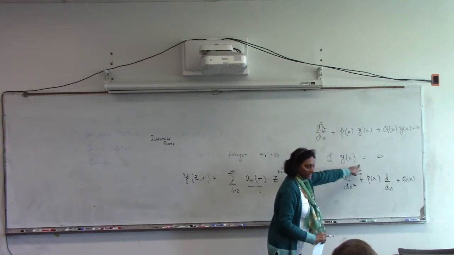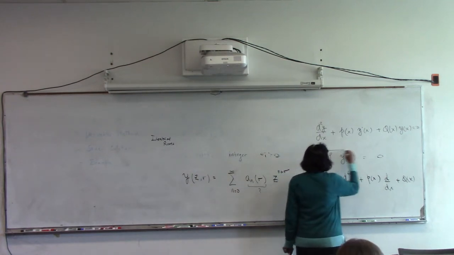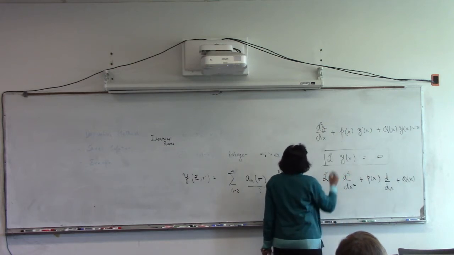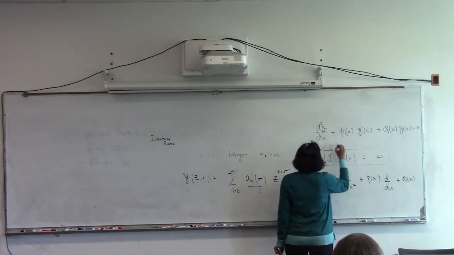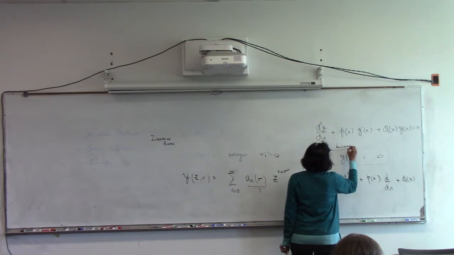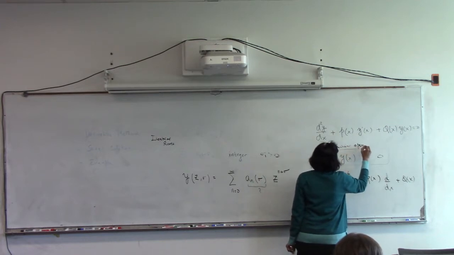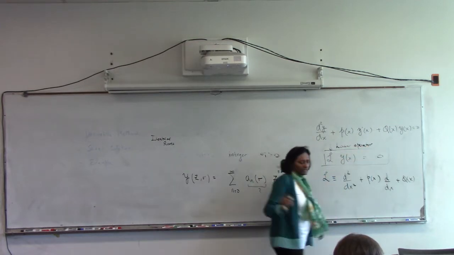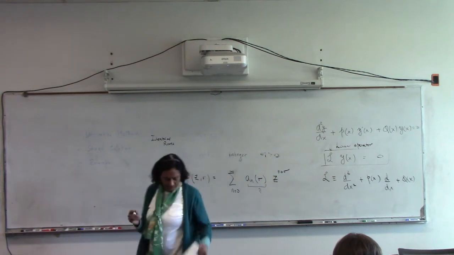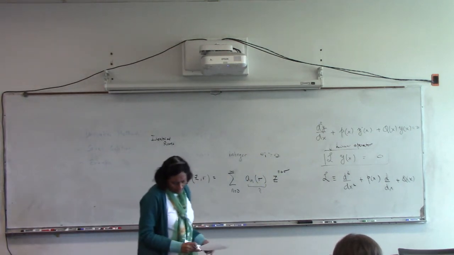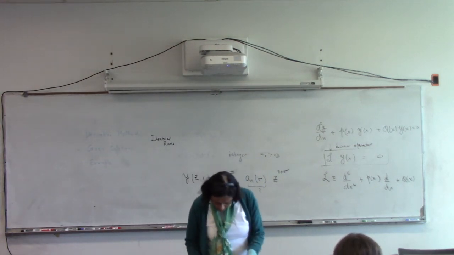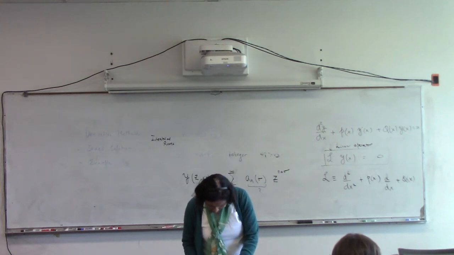So I'm writing this in a concise notation, and L is nothing but a linear operator. This is a linear second order differential equation, so L is a linear operator. All right.